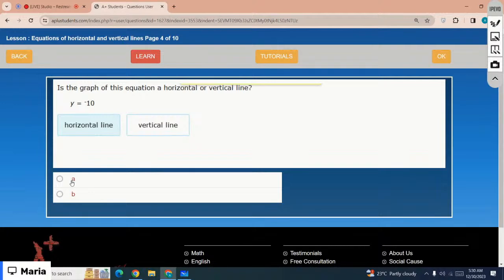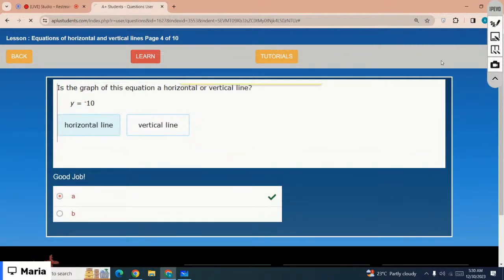The correct option is option number A because y equals -10. So the line must be horizontal.